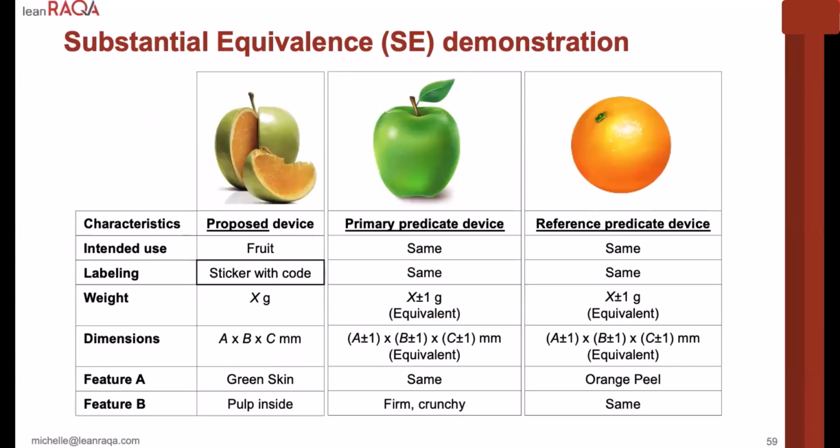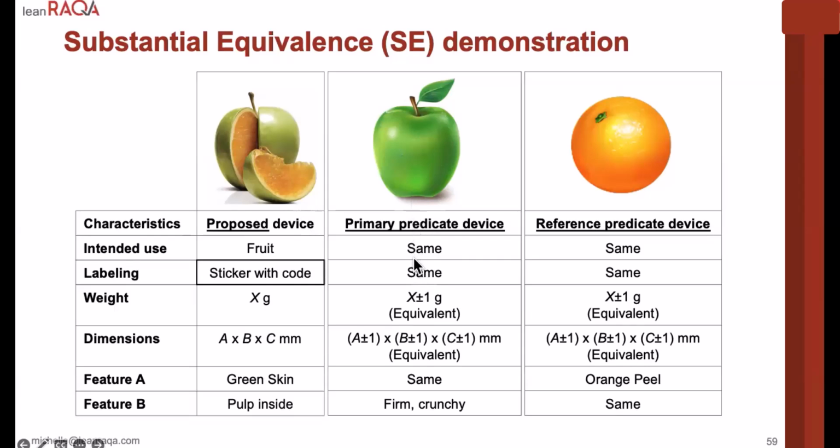The FDA does have a special guidance out that talks about the use of primary predicates and reference predicates. And so the way you would make this argument is you would pick your primary predicate that you intend to base the bulk of your substantial equivalence argument on.